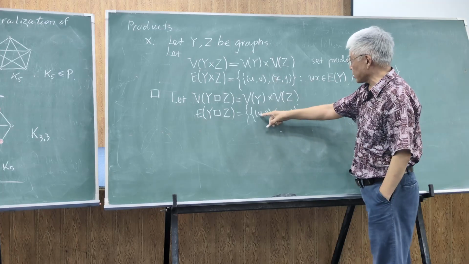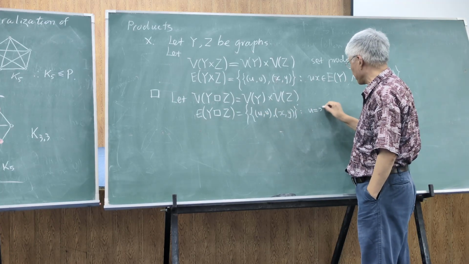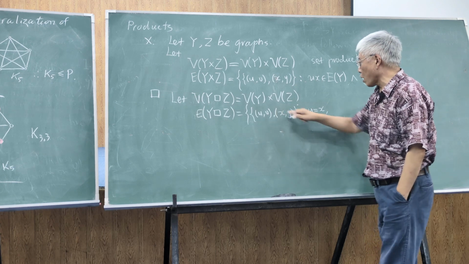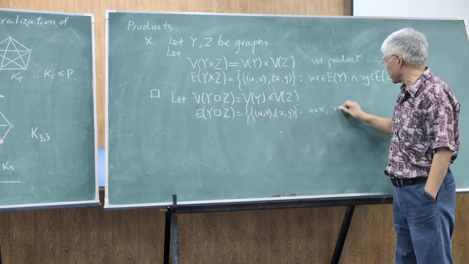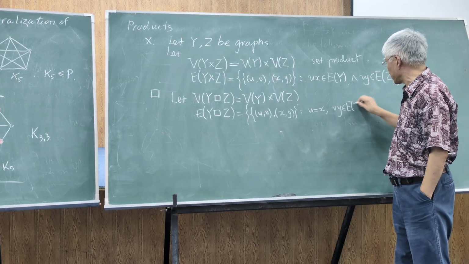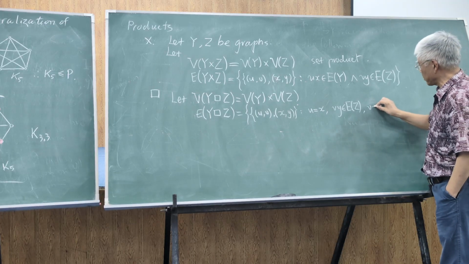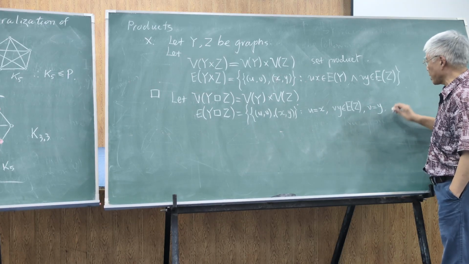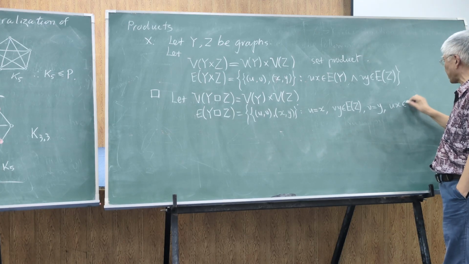So this means that if u, x are equal, then dy must be an edge of the second graph. If Vy are equal, then Ux is an edge of the first graph.